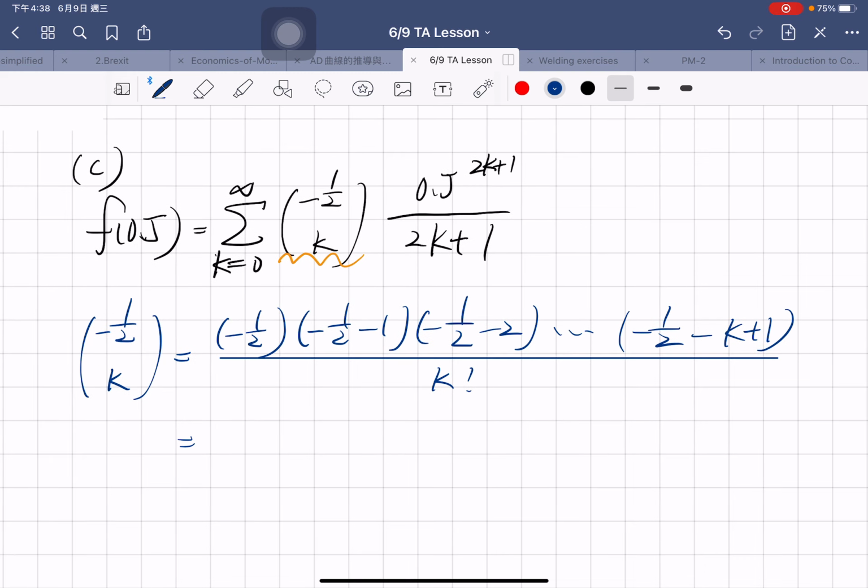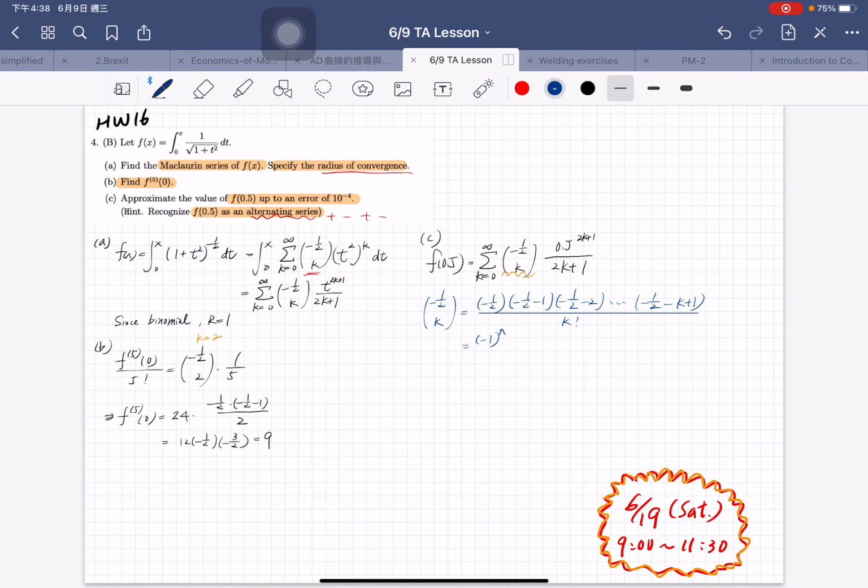And what we can do is take our minus 1 out, because we want the minus 1 term for the alternating series.